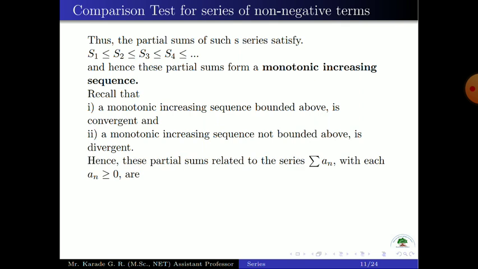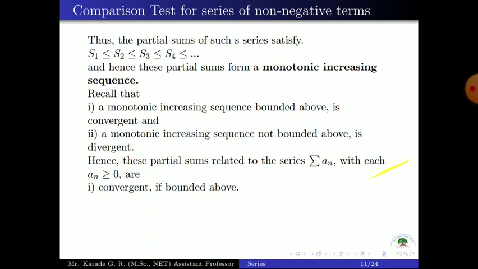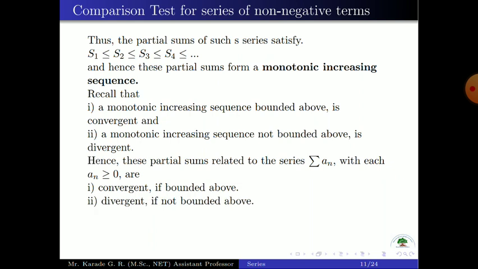Hence the series summation an with each an greater or equal 0 is convergent if the sequence of partial sums is bounded above, and divergent if the sequence of partial sums is not bounded above.